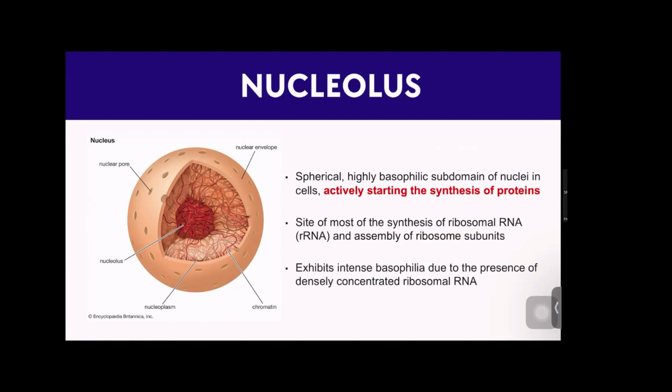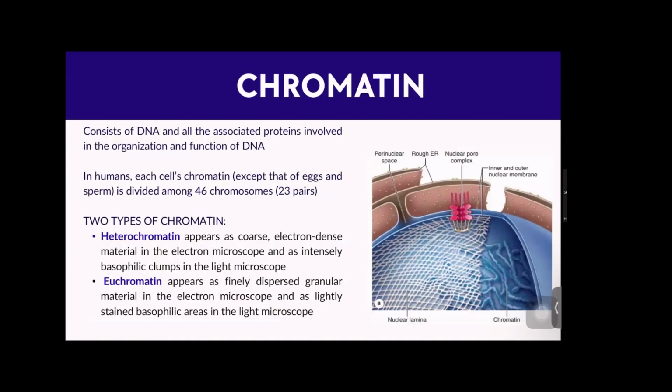Now let's discuss your chromatin. Your chromatin consists of DNA and all the associated proteins involved in the organization and function of our DNA. In humans, each cell's chromatin, except that of eggs and sperm, is divided among 46 chromosomes or 23 pairs. There are two types of chromatin, class: heterochromatin and euchromatin.